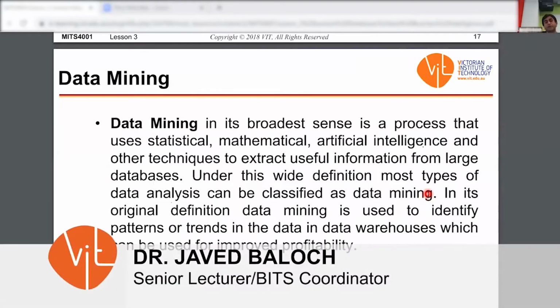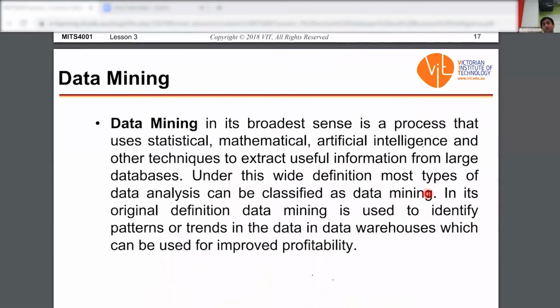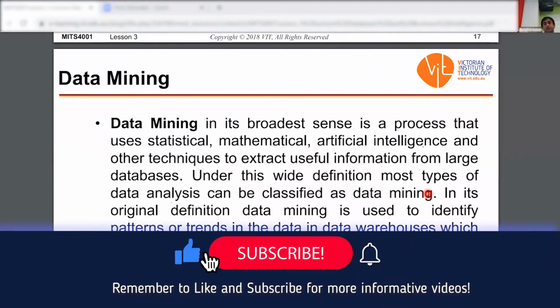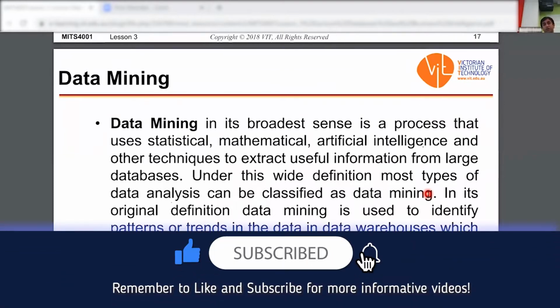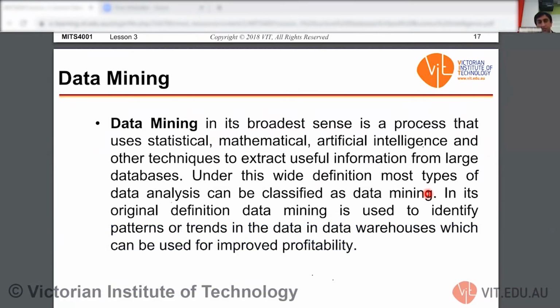Data mining. Data mining, in the broadest sense, as I mentioned, is the way of making sense of the information that's available in the data warehouse. So we can extract the data, and we can make meaningful decisions based on the information available to us.